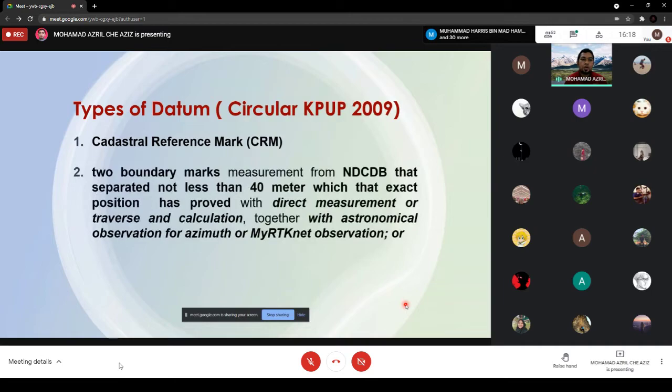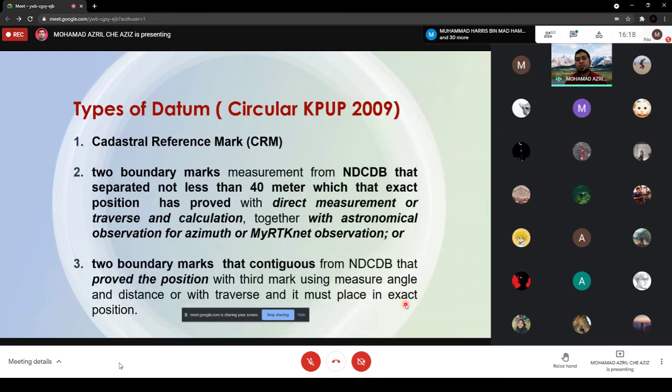In cadastral, referring to Circular KPUP 2009, there are three types of datum to start a survey.